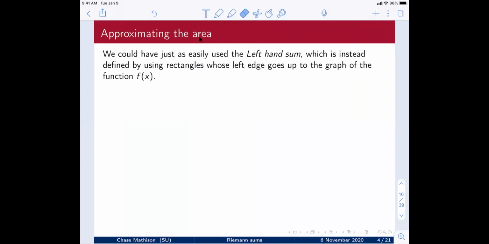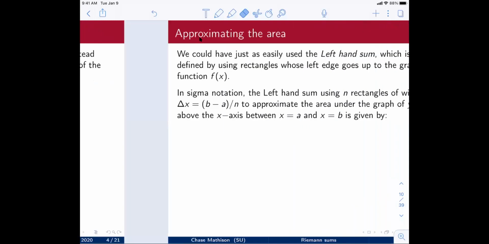So a really quick note, we could have just as easily used the left edge of those rectangles to end up with another approximation. It will be different, especially for that last problem. We had overestimates with all of my rectangles. If I use the left edge, that's going to give me underestimates for every rectangle. So it's definitely going to give you a different estimate.